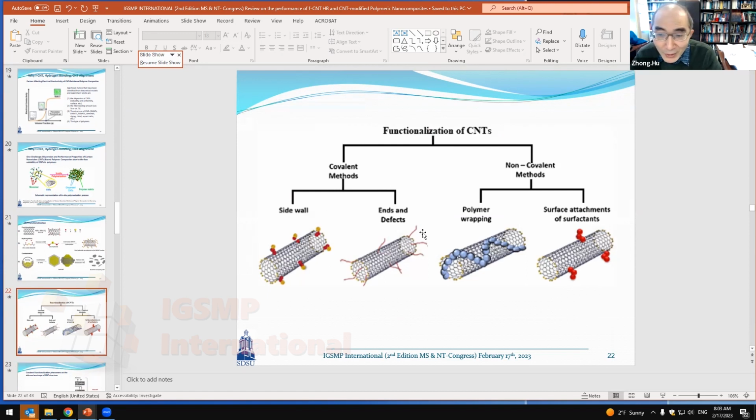Sometimes they can damage the surface of the carbon nanotube because the bonding is strong and the attraction and repulsion are also very strong. Another one is the non-covalent method. In the non-covalent method, the bonding will be very weak, but it will not damage or modify the surface of the carbon nanotube. So this has good and bad sides, different ways.